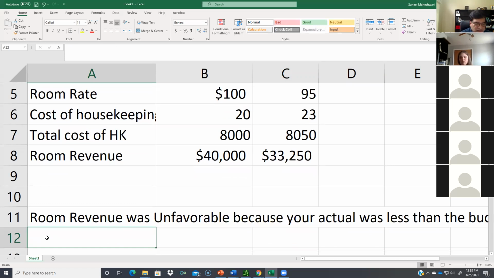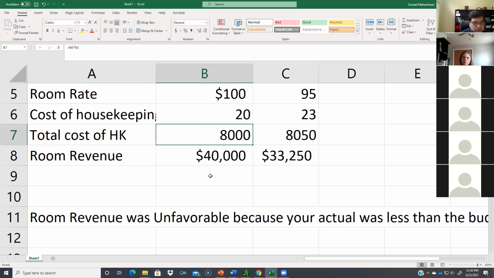That's what you're saying. What about the cost? Is cost favorable or unfavorable? The cost for the projected would be favorable, and for the actual is unfavorable.